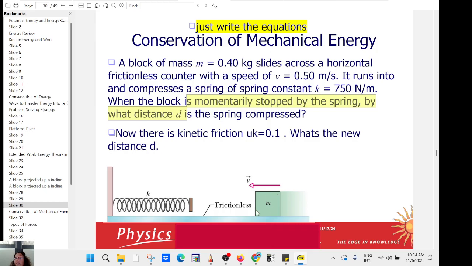So you start with kinetic energy in that case. It's like a projectile, and then it's going to hit the spring, and the spring is going to be compressed. So all that kinetic energy is going to turn into elastic potential energy.